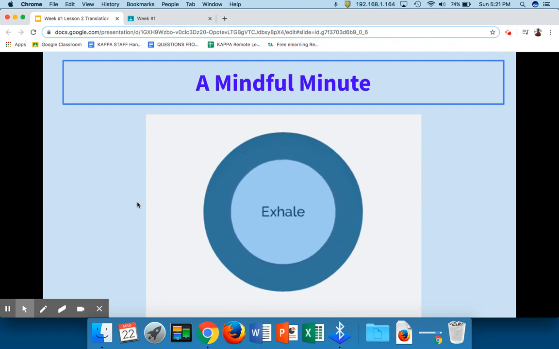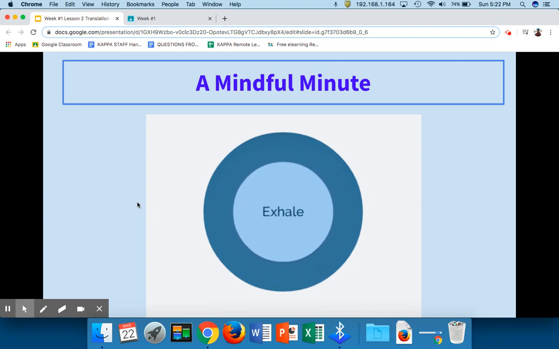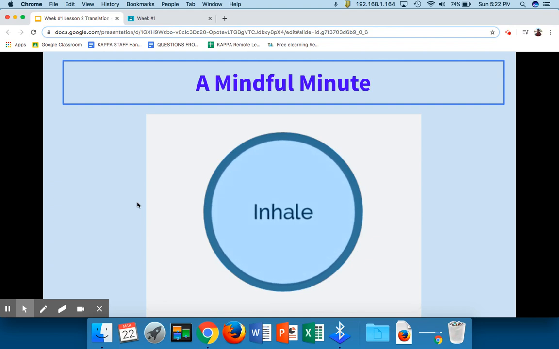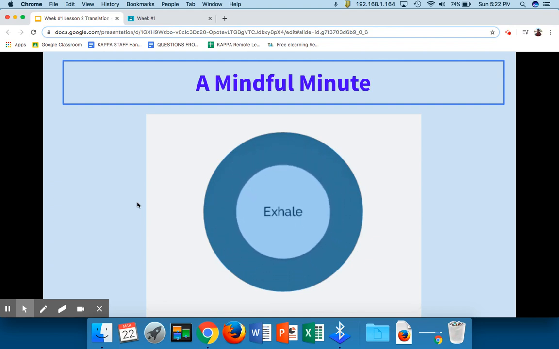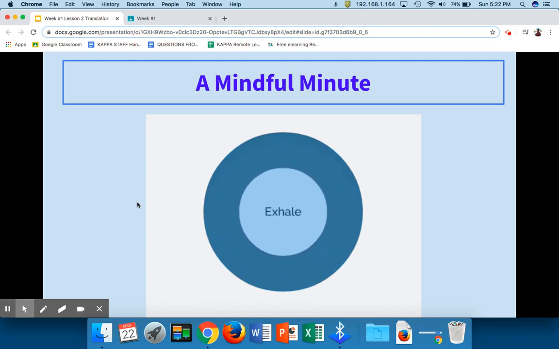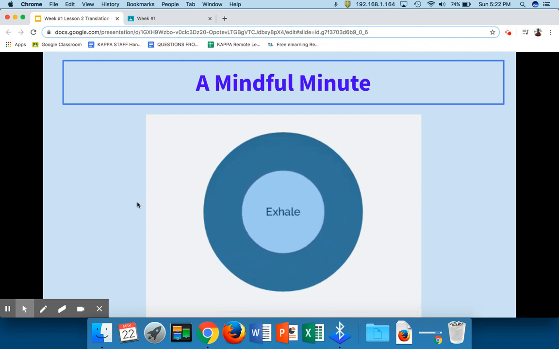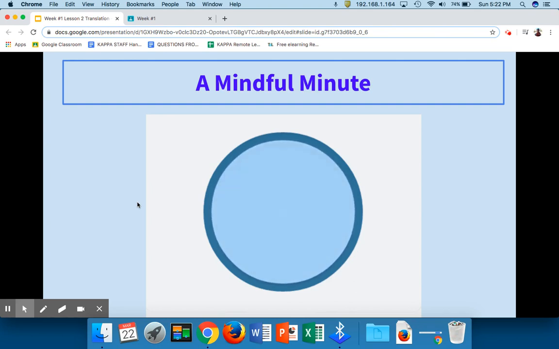Exhale, inhale through your nose, exhale, inhale, fill your lungs, exhale, inhale, we're halfway there, and exhale, inhale, fill your lungs with oxygen, exhale, pushing out that carbon dioxide, inhale, and exhale.